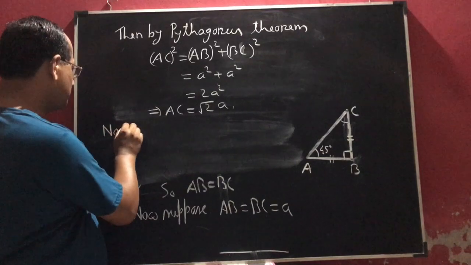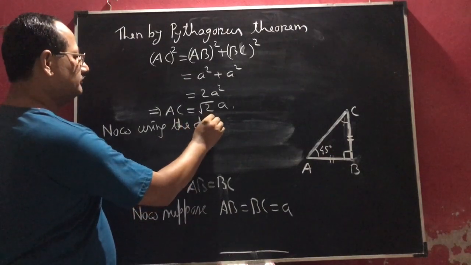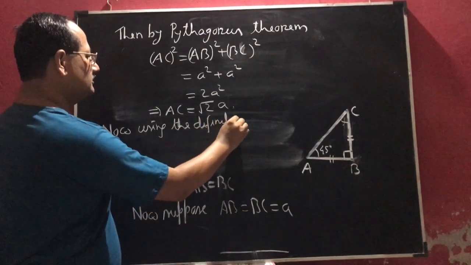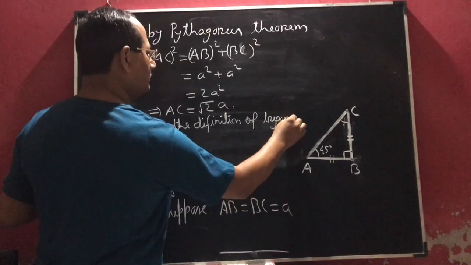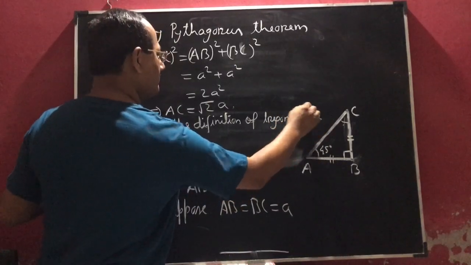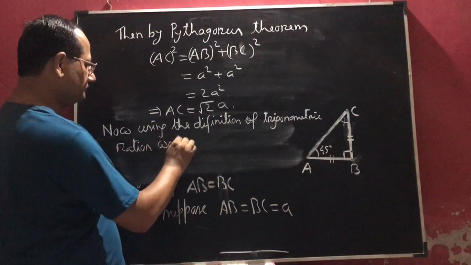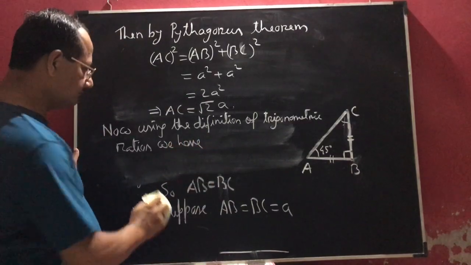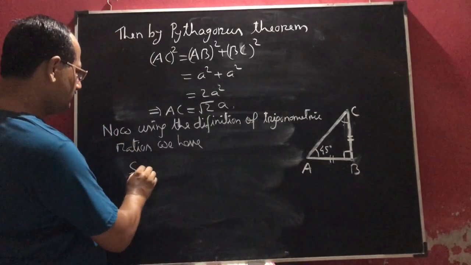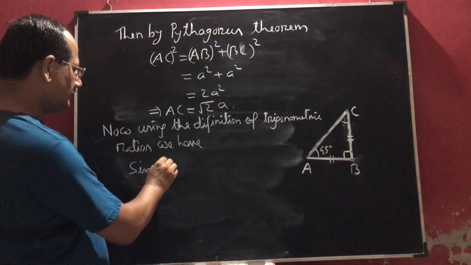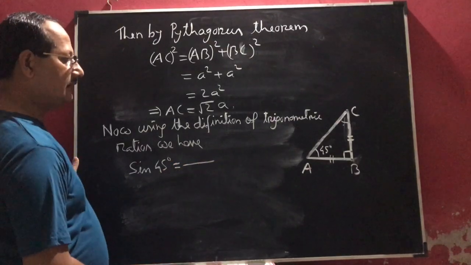Now using the definition of trigonometric ratios, we have sine 45 degree equal to opposite side divided by the hypotenuse.